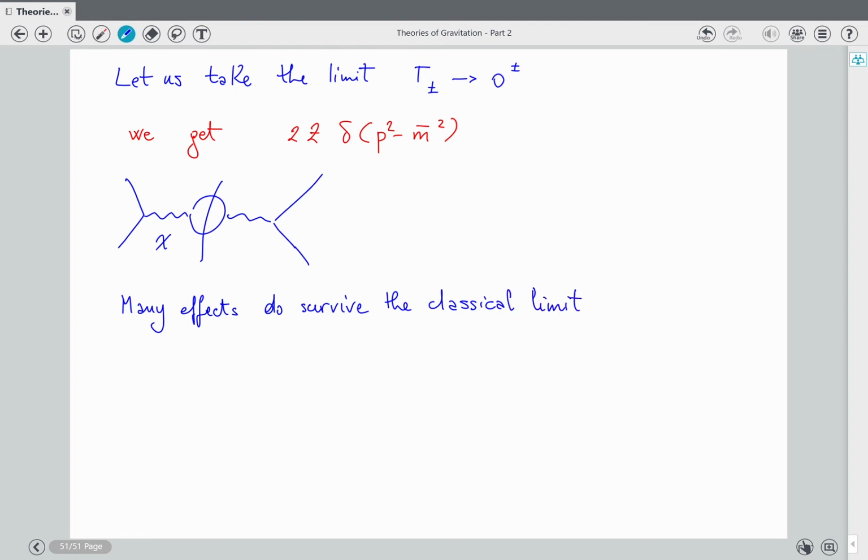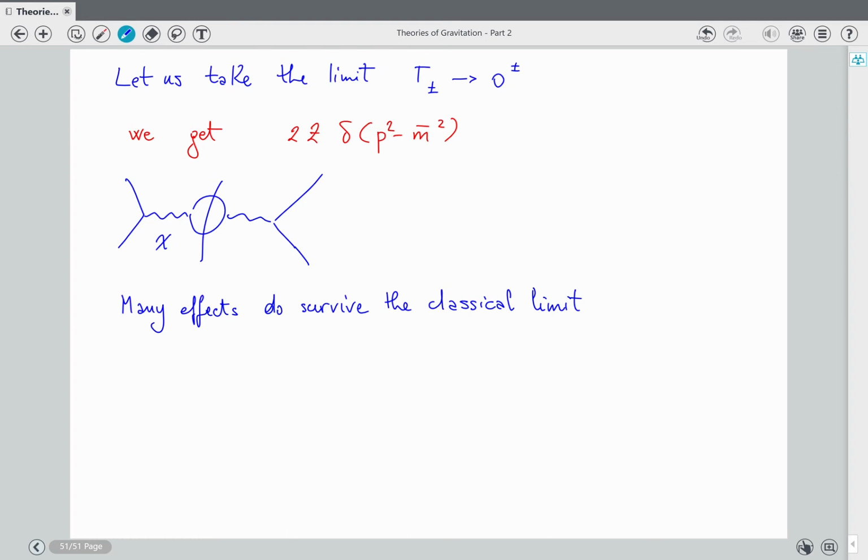They are still small effects, so it would not be easy to detect them, maybe, but they do change classical physics, not just physics at the quantum level.